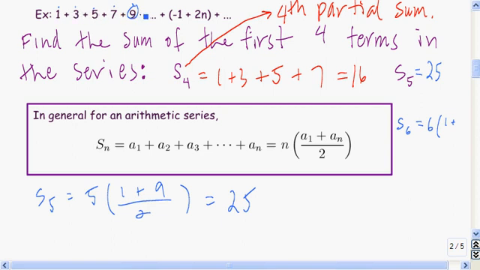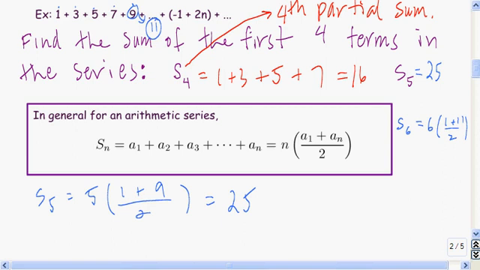We need to get one more term for the sixth term, and we see that the pattern is 2 is being added, so the sixth term in that series would be 11. So 6 times 1 plus 11 divided by 2 is what our answer is supposed to be.